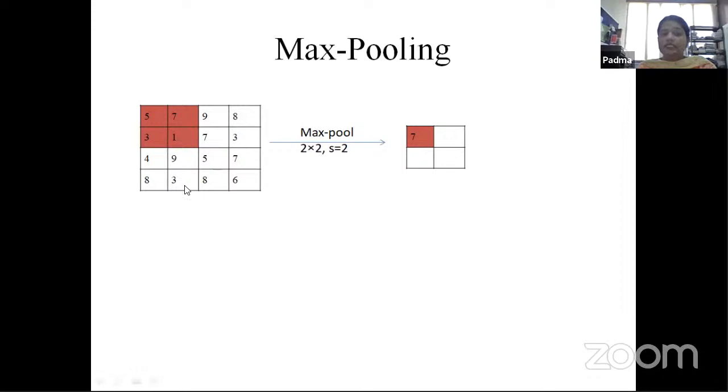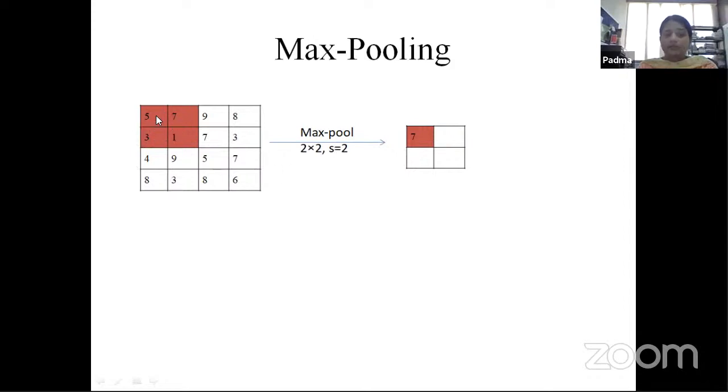So when we take this 4x4 as an input image, whenever we try to find the max pool on this particular input image, first we will need to check the size. Here, the size of the max pool that we are considering is a 2x2 matrix, with a stride value of 2.